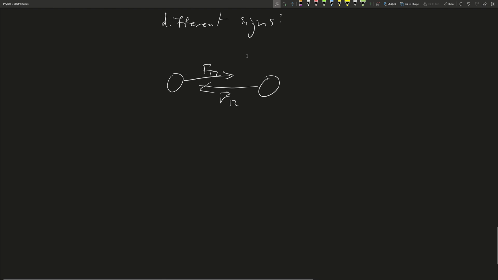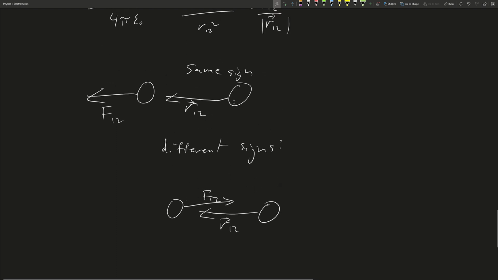Also, you can add these forces through the principle of superposition, which means that if you have multiple charges around one object and you want to calculate the net force on that object, you can calculate the force from each of the charges individually and add them together.